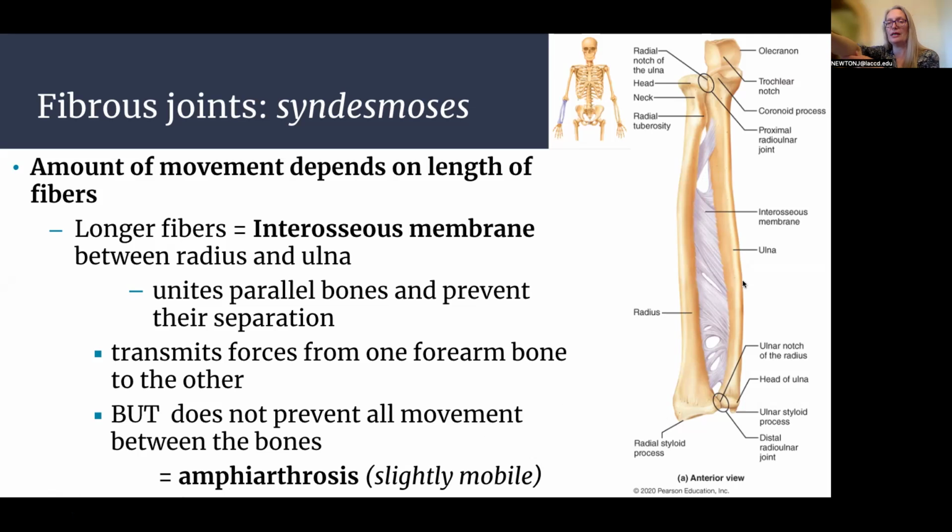So when we're pronating our arms, that's when we're turning our hand over, these two bones are running past each other, folding over, and then opening back out again. But we don't want them to open apart too far, and that's what the interosseous membrane helps with. Yep, so these syndesmoses can either be immobile or slightly mobile, but they have this fibrous connection between the two bones.